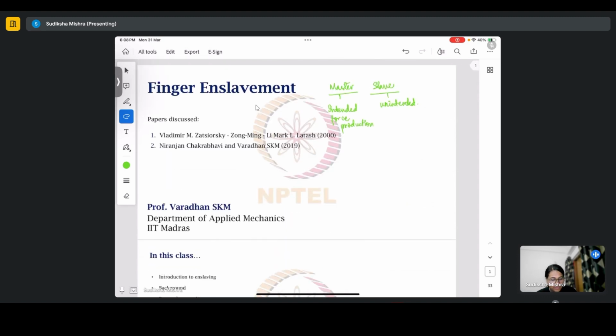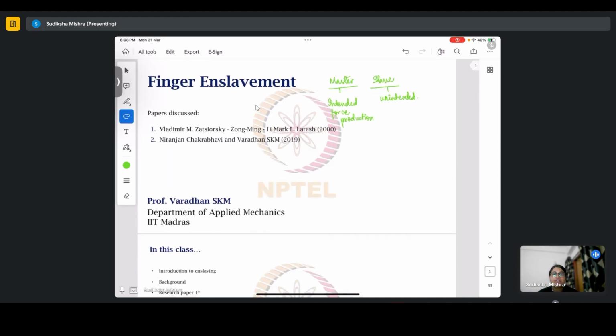So, we will be looking at two papers. One is from the lab of Professor Latash, and the other one is from the instructor of this course, who is Professor Vardhan.